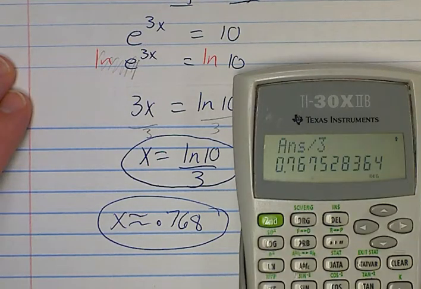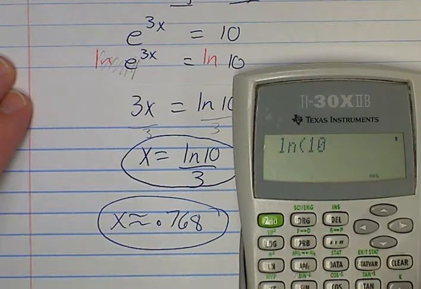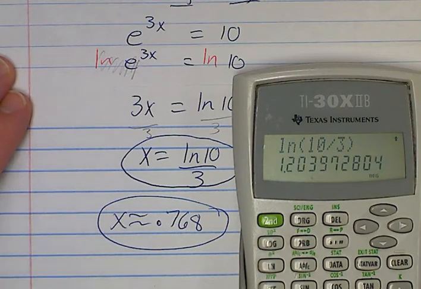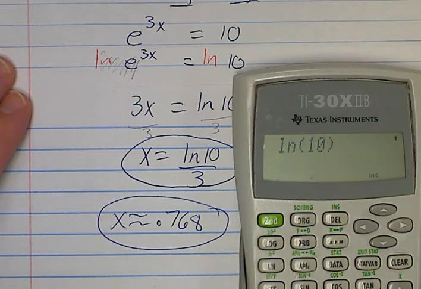Because sometimes people, especially if you get in a hurry, if you do ln of 10 and don't close that off, if you do ln of 10 divided by 3, you're going to get a different answer than what you were supposed to get there. So just be careful that whenever you do the ln of 10, make sure to close that number off before you do anything else with it.